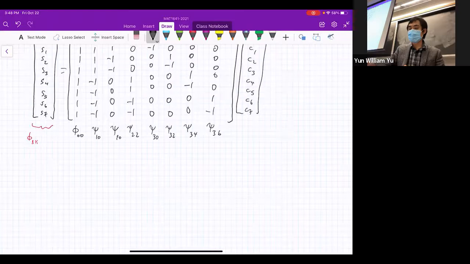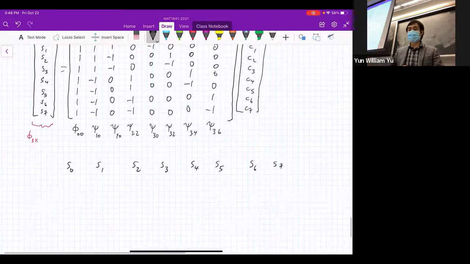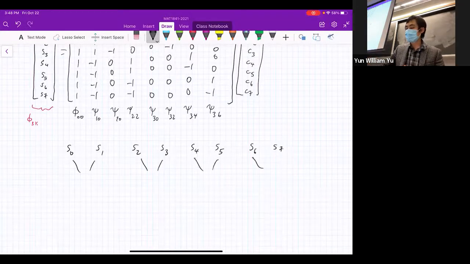S0, S1, S2, S3, S4, S5, S6, S7, because these are the original samples we have, right? And we're going to construct a tree by taking the average of every pair of elements. So this is going to be S0 plus S1 over 2, S2 plus S3 over 2, S4 plus S5 over 2, and S6 plus S7 over 2.